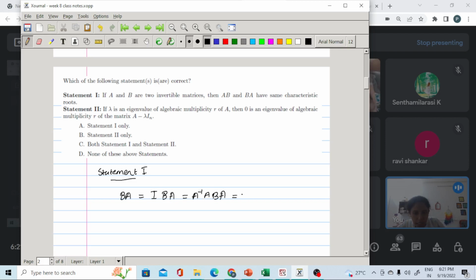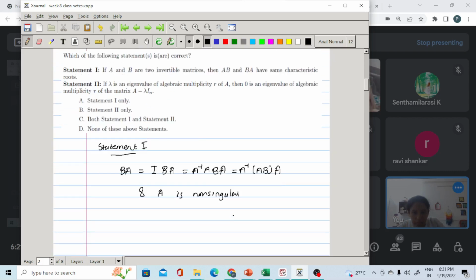So what we get is A inverse AB A. It is given that A and B are two invertible matrices, so A is non-singular. So there exists A, invertible, such that BA equals A inverse AB A.